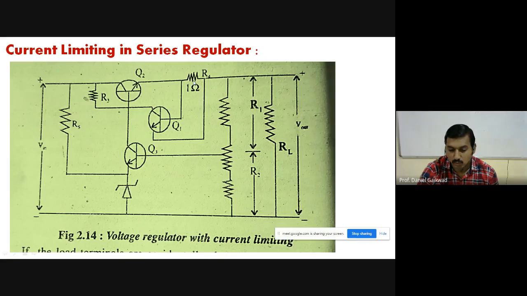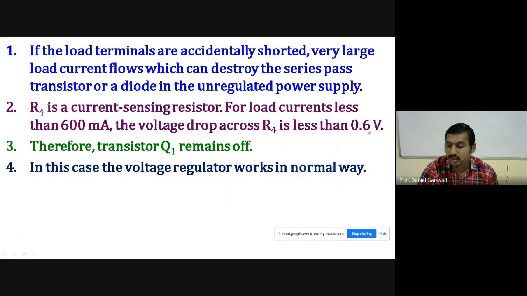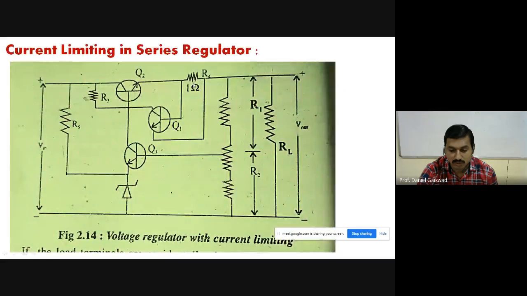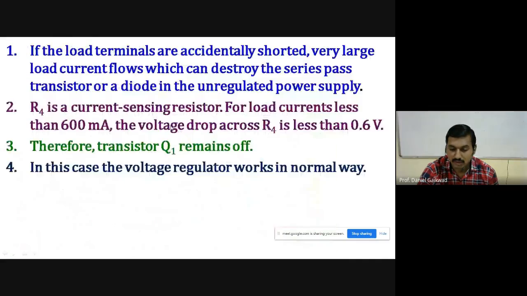Suppose it is 1 ohm, and if 600 milliampere current flows through it, then it will have a potential across it of 0.6 volt. For this condition, the base and emitter will have a potential less than 0.6 volt, and in that case Q1 will remain off here.